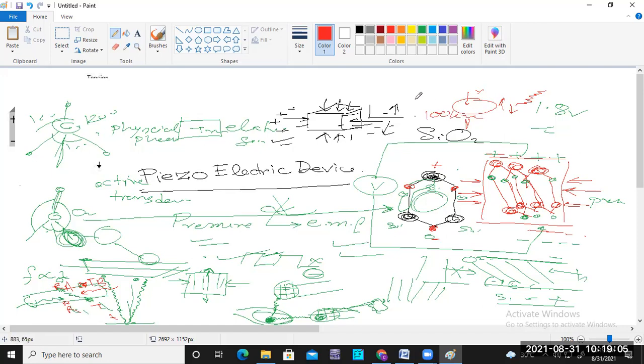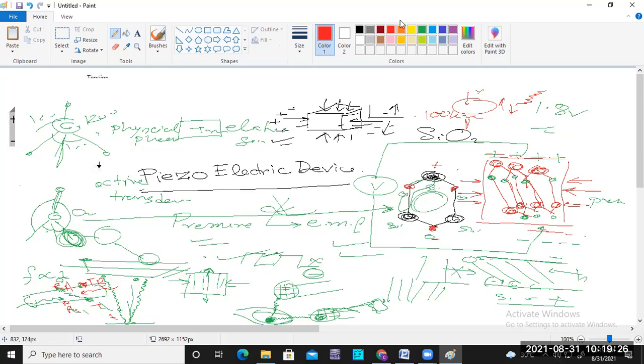Then the water vibrates, and this vibration creates particles of water, which are converted into mist or fog. So to produce fog, we have to apply this piezoelectric device. So in lots of areas you can find applications of the piezoelectric device.